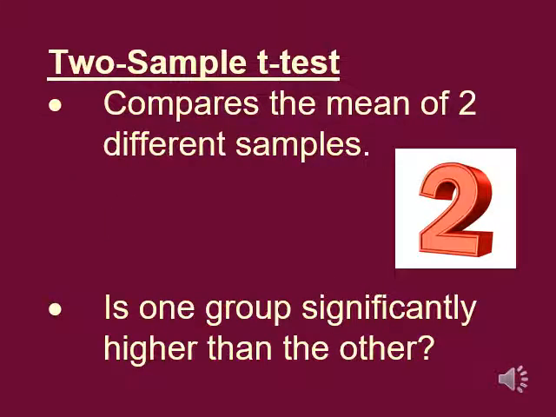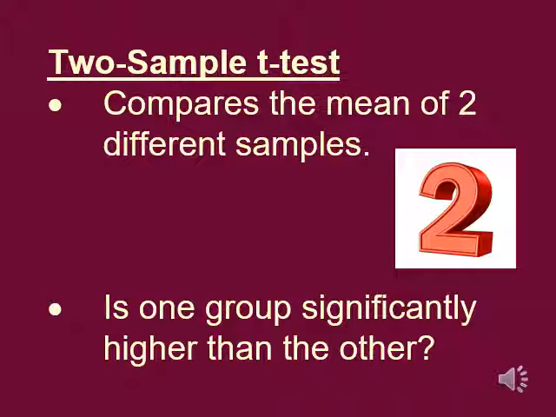So far we've looked at z-test and t-test. Both of those are used when you're looking at what an average of a sample is and you want to see how that compares with what it's supposed to be. The next thing we're going to take a look at is what's called a two-sample t-test. If you look at the name of that, it tells you exactly what's going on.